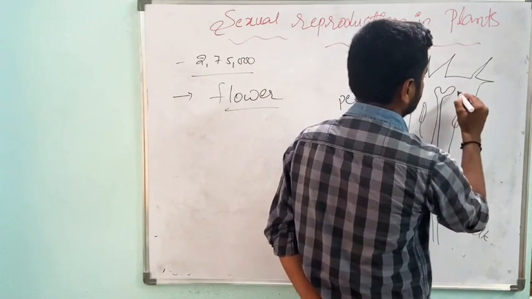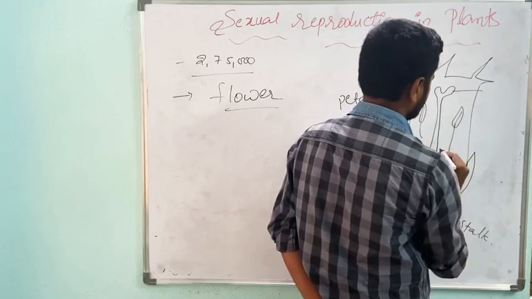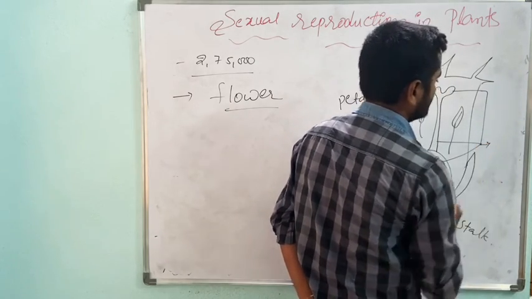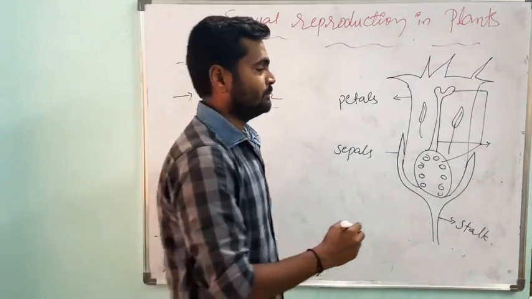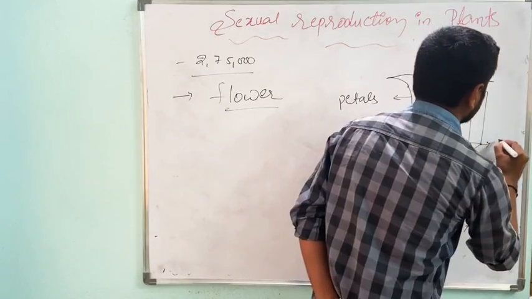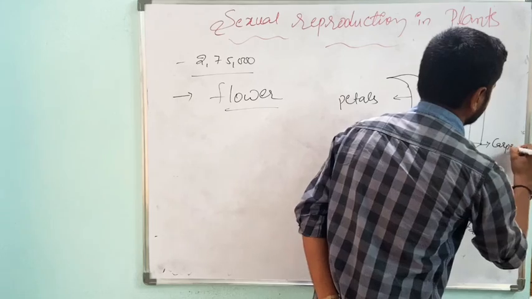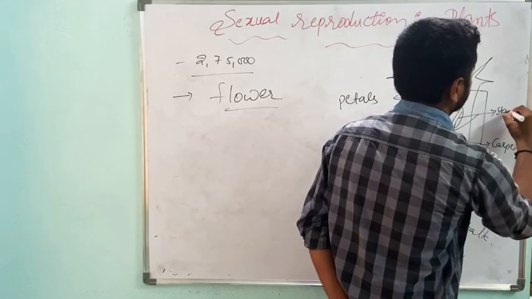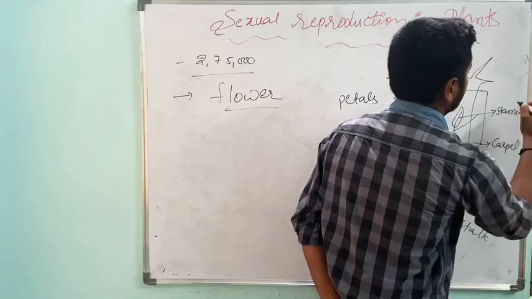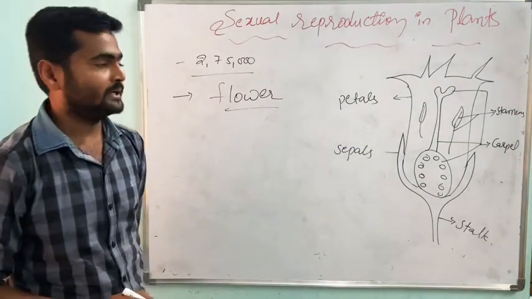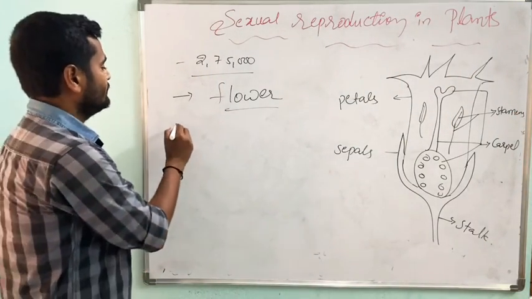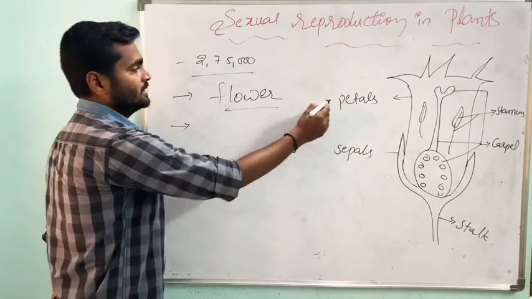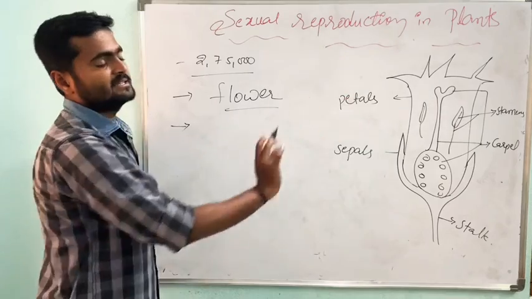These three parts together form the female reproductive part called the carpel. And these are called stamens. So these are the four important parts of a flower: petals, sepals, carpel and stamens.